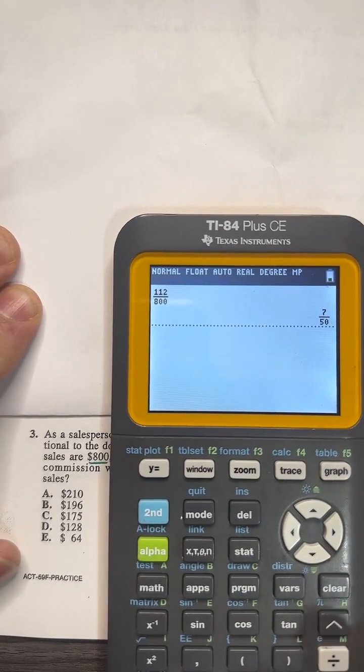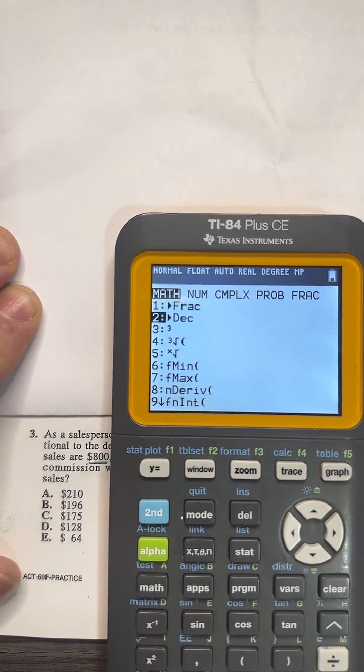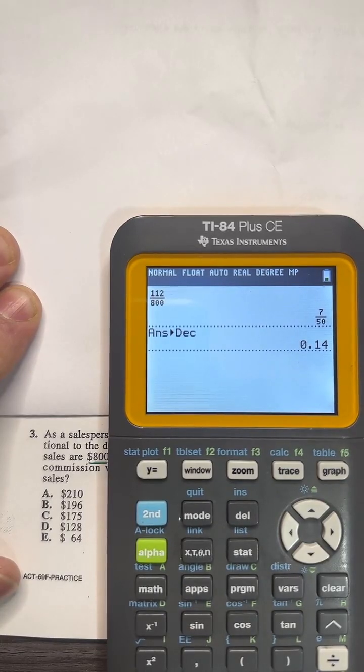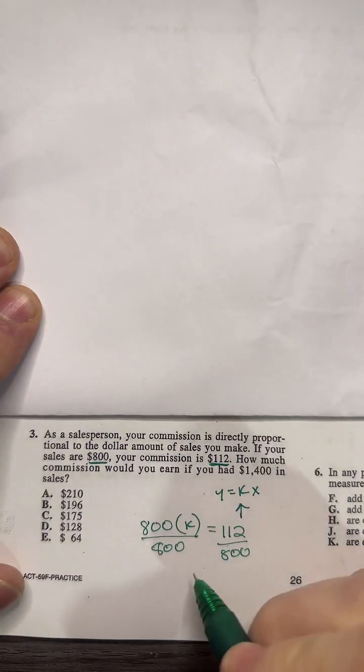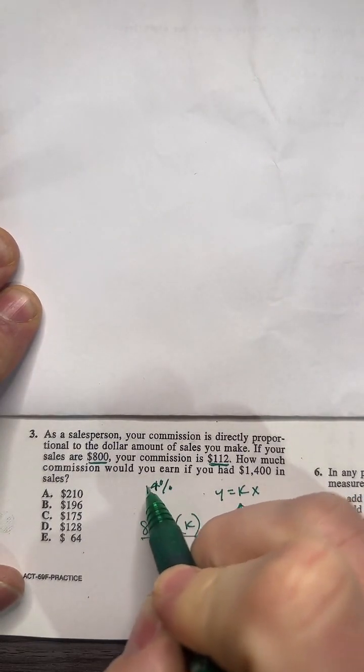Pretty significantly. Now, this has 7 over 50. That's a little confusing. I can press math, then go to decimal. All right, 0.14. So that means I make 14% commission.